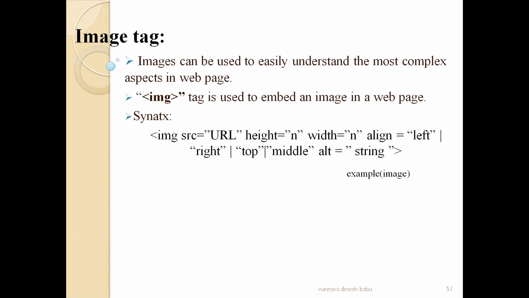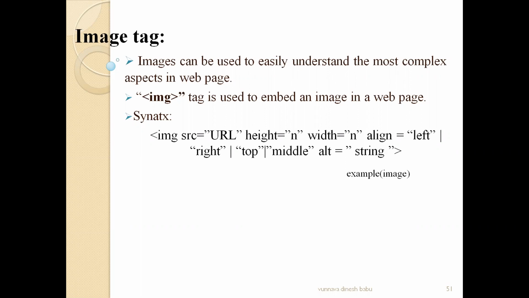They are represented here. So this is the syntax of IMG. The tag name is IMG, and it consists of the following attributes. The name of the first attribute is SRC, which means source.